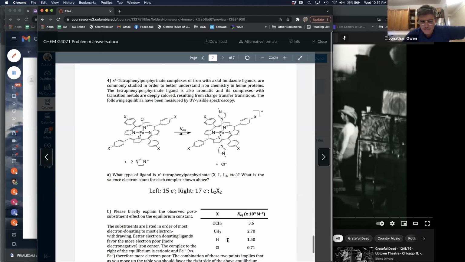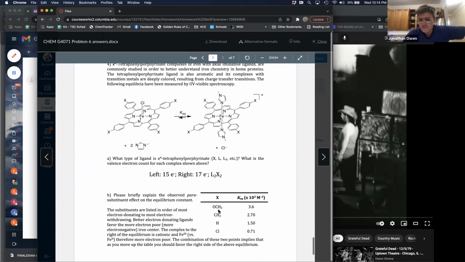A methoxy substituent on the para position of an aromatic ring is a pi donor into that aromatic ring. And aromatic rings with methoxy substituents are more easily ionized. They are more electron rich.